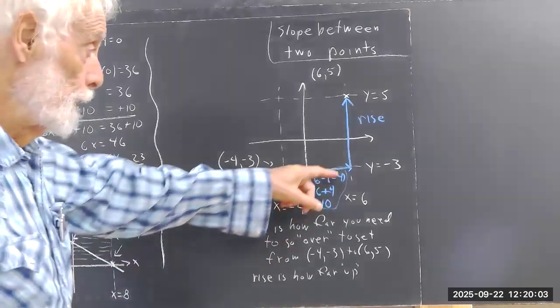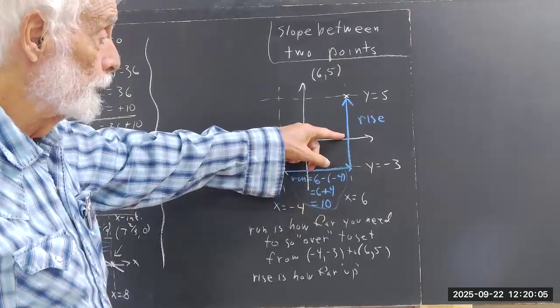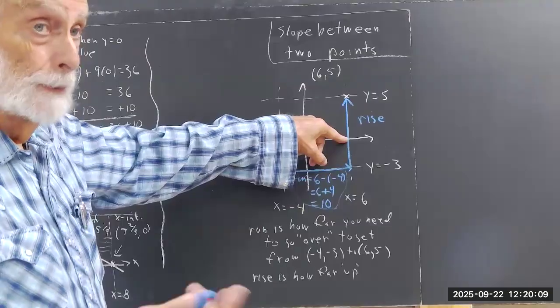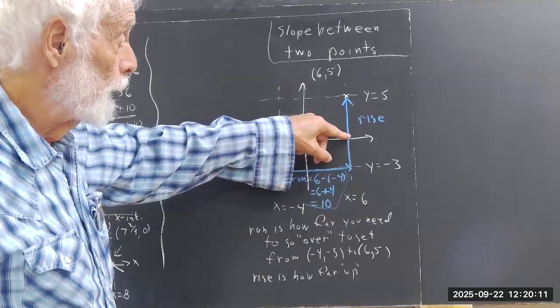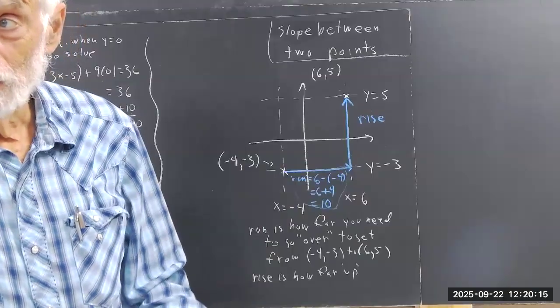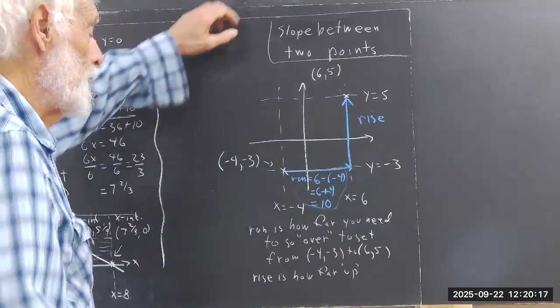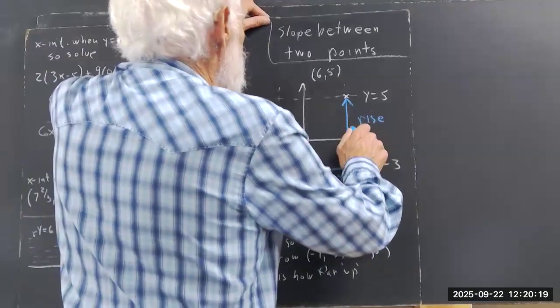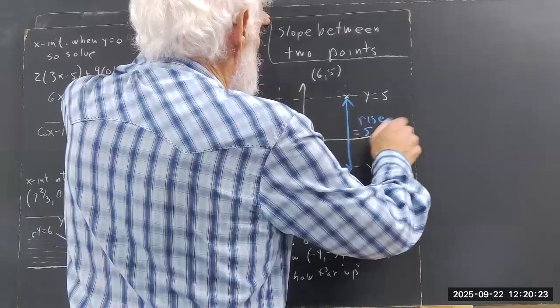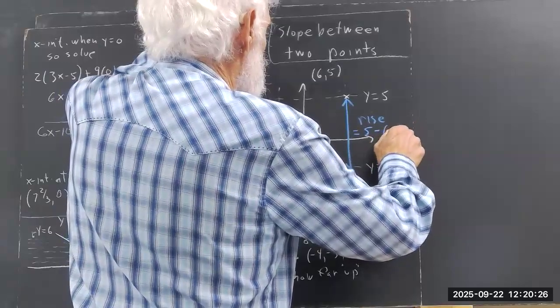Okay. You can see that you got to go up 3 to get to the x-axis. From y equals -3 to y equals 0, you got to go 3 units, +3. And then from 0 up to 5, you got to go 5 more. That's 8 units. Now you can actually combine that into one simple calculation. You subtract where you start from where you end.